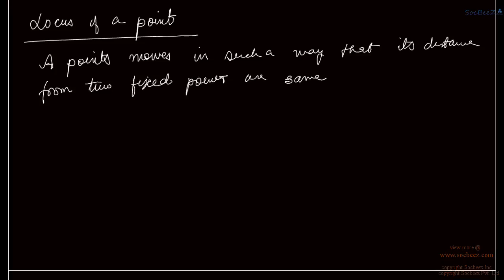Okay, so we have two fixed points here and here. Let's have two fixed points, A and B, and a moving point, say C. C is a moving point which is equidistant from both A and B, and C is not a fixed point, so C can be here, either here or here, anywhere on this line.